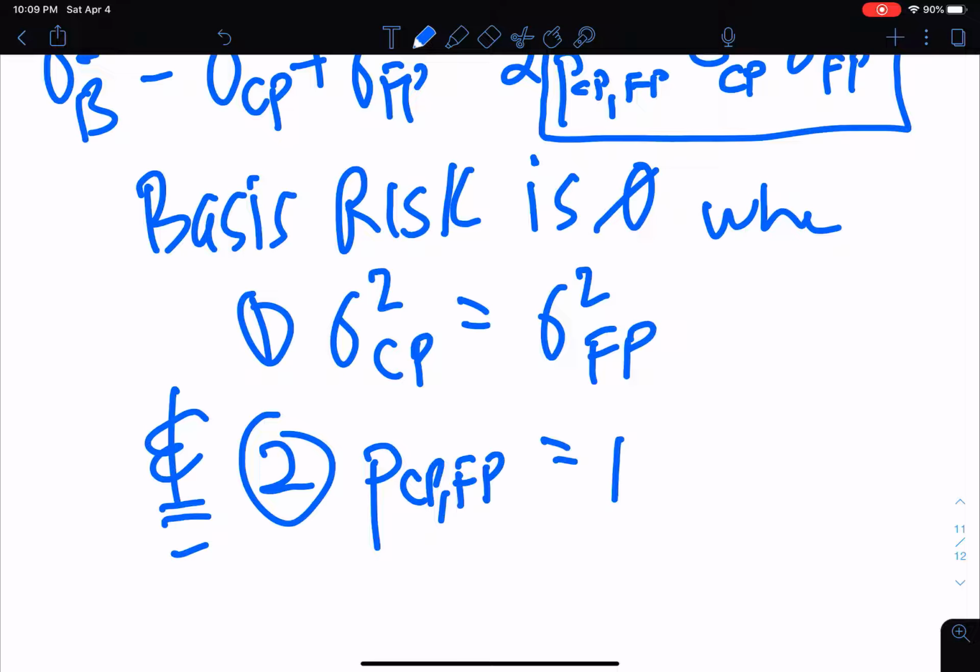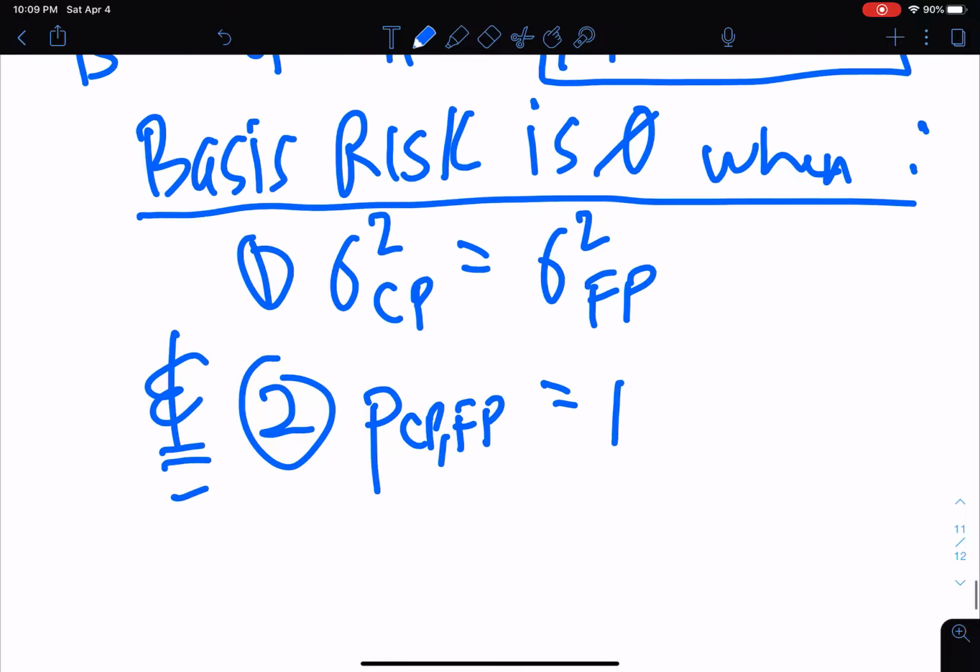In that case, basis risk would be 0. Variance of the cash price is equal to variance of the futures price, and the correlation coefficient between the returns of the cash price and the futures price is equal to 1. Some numbers here are probably helpful.